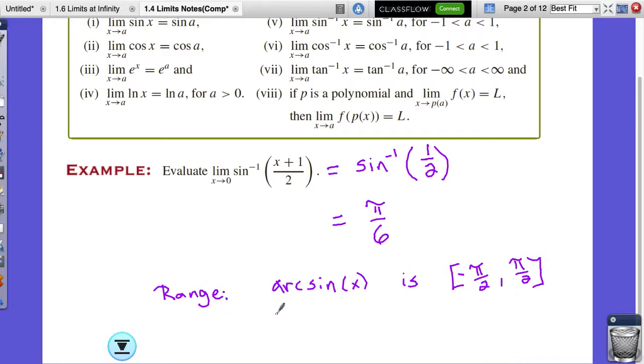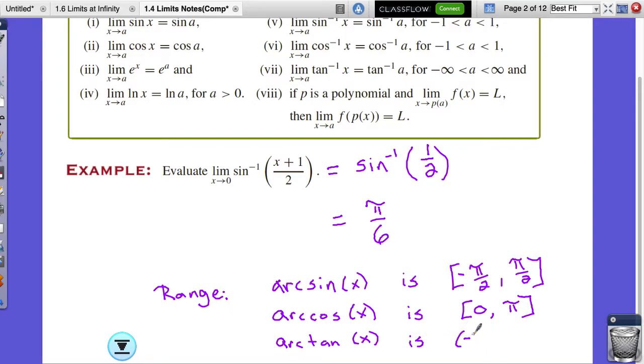The range for arc cosine is going to be between 0 and pi. And then for arc tangent, its range is going to go from -pi over 2, not including the -pi over 2, to +pi over 2.